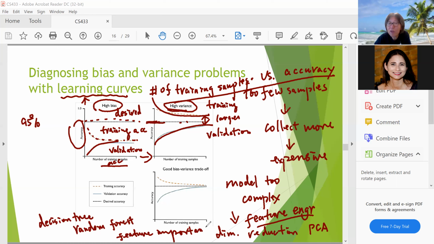You can collect the feature importance, and then filter out some lower contributing features. Okay, so that's overfitting.